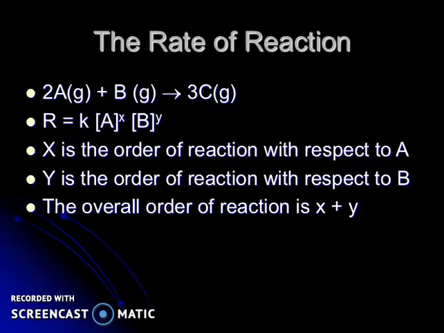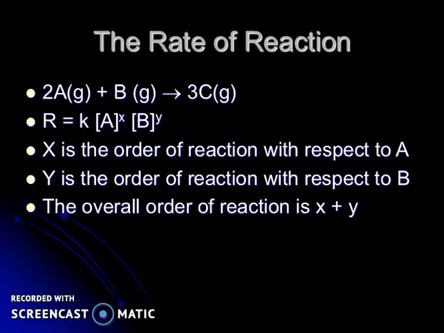So to summarize, if we have a one-step mechanism, as written at the top of the page, we would start by saying the rate of the reaction is equal to K, the rate constant specific for this particular chemical reaction, times the concentration of A to its coefficient, times the concentration of B to its coefficient. Now, X in this case would equal 2, and Y over B would equal 1.